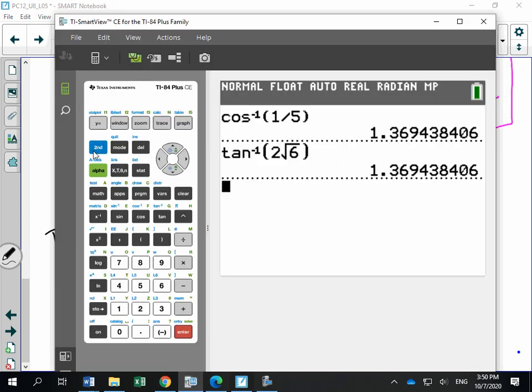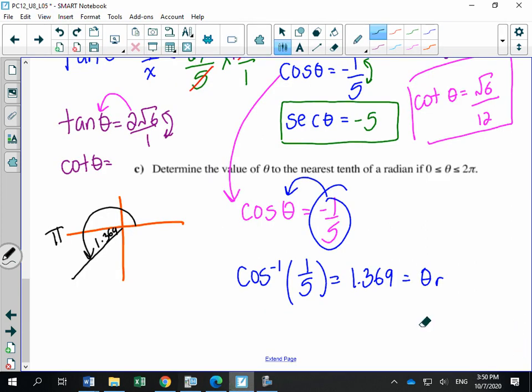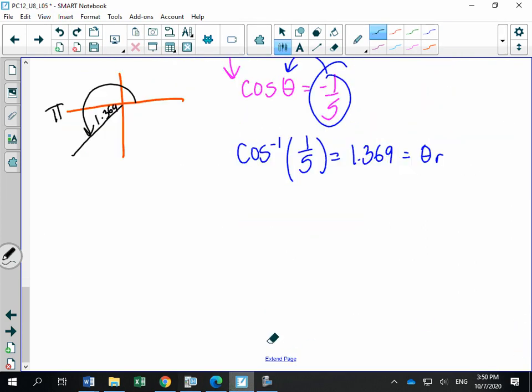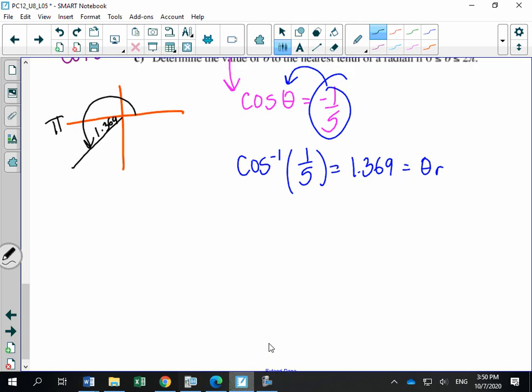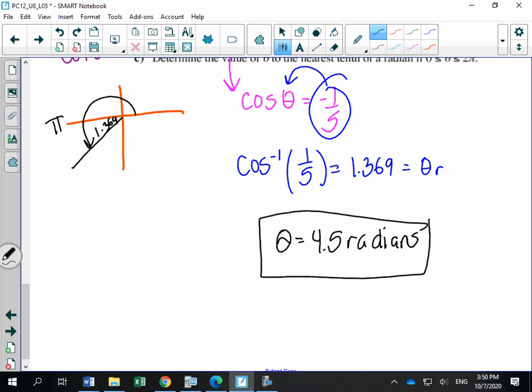So on my calculator, pi plus that answer gives me 4.511, and here I could round to the nearest tenth, which is 4.5 radians. So my answer is theta is equal to 4.5 radians.